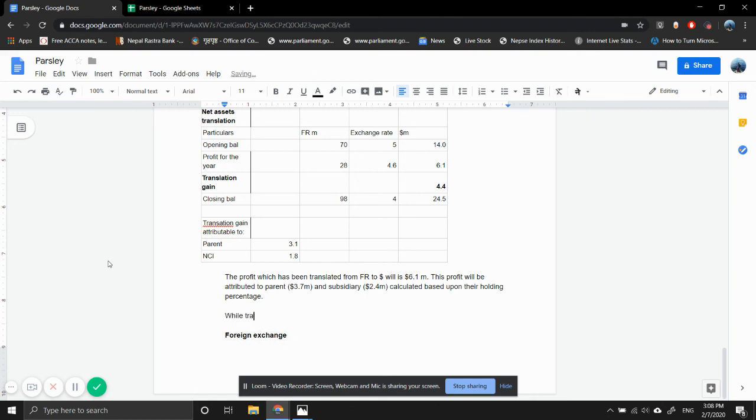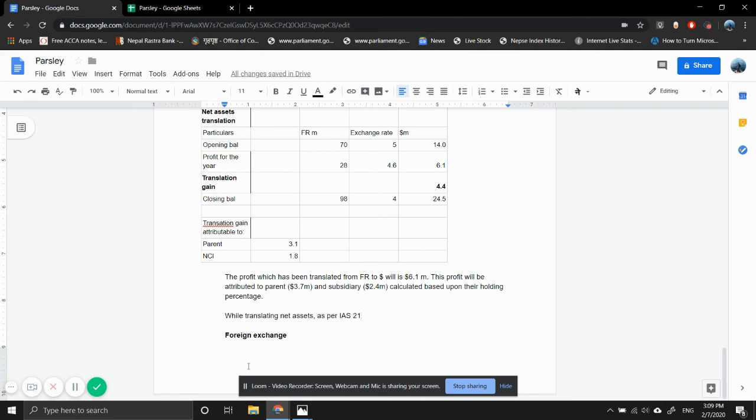While translating net assets, gain or loss as per IAS 21. That is also done already, right?